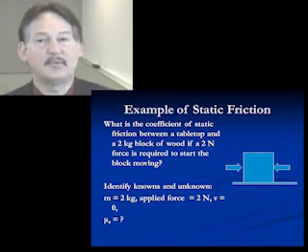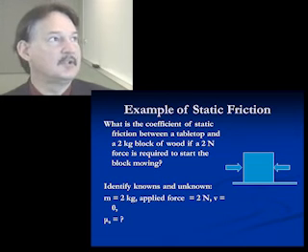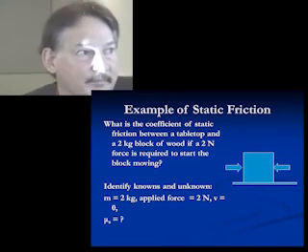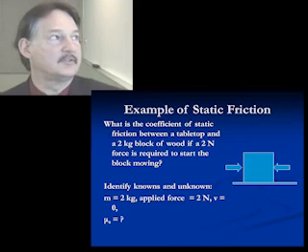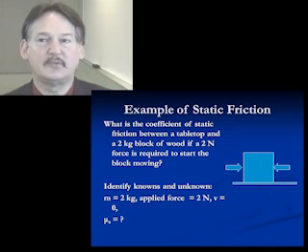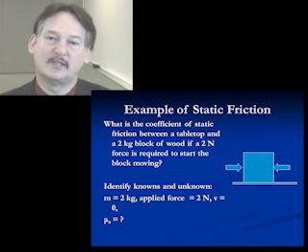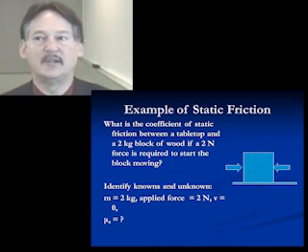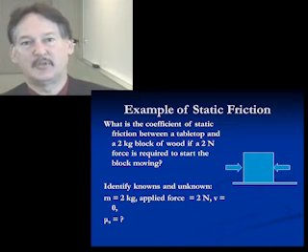But let's look at an example of static friction. Here we're told that we have a 2 kilogram block on a surface, and it requires 2 newtons of applied force to just get it moving. So in other words, it's right at that brink of not moving, but right about to begin moving.